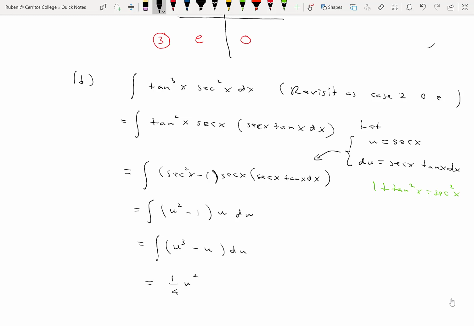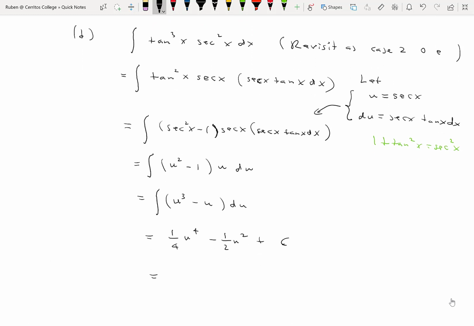So this becomes 1/4 u to the 4th minus 1/2 u squared plus a constant, and it's over. Make the substitution back in. 1/4 secant to the 4th minus 1/2 secant squared plus a constant of integration.